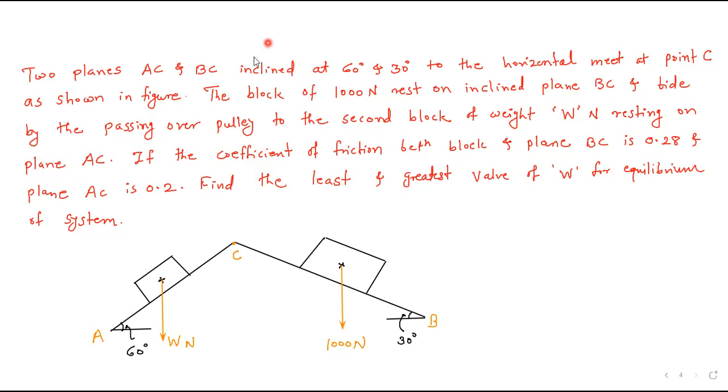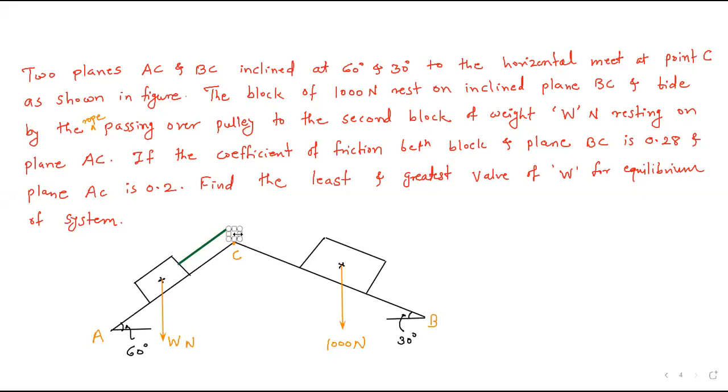Okay, I forgot to write the rope, I need to look at that. Tied by the rope passing over the pulley to the second block of W Newton resting on AC. So there is a rope, so we will draw the rope now. So here this is the rope which is passing over the pulley. So this is the pulley which we will draw over here.